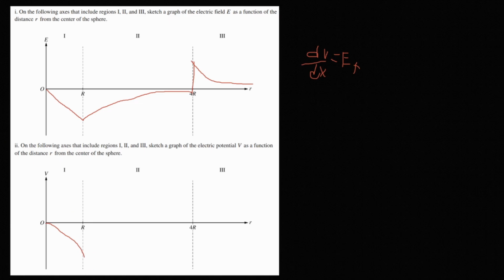So if this is proportional to r, which is technically little r, and this is proportional to 1 over r squared, and this is proportional to 1 over r squared as well.